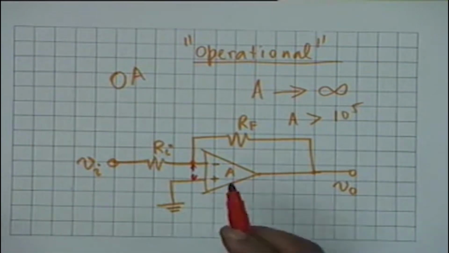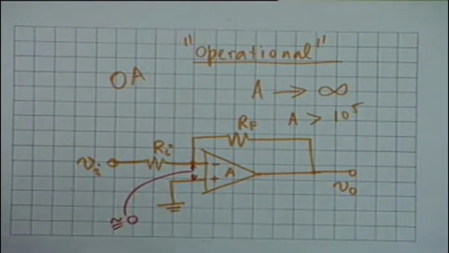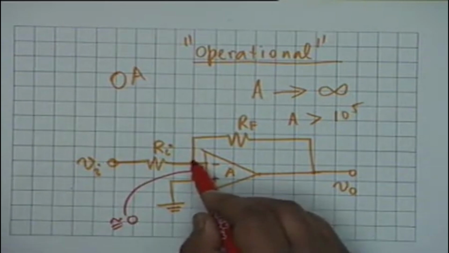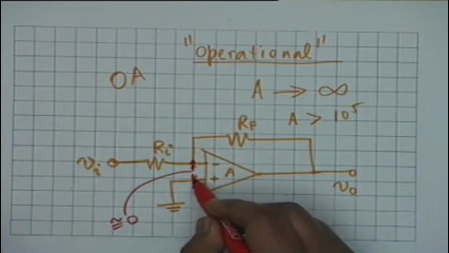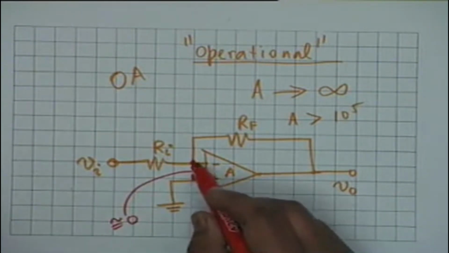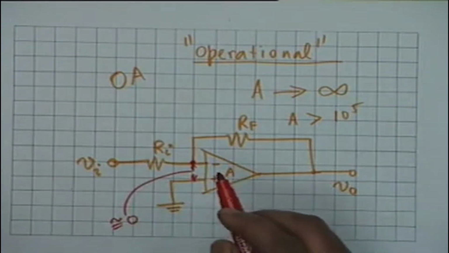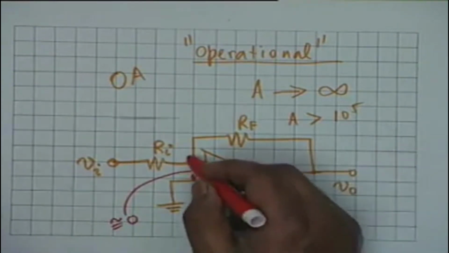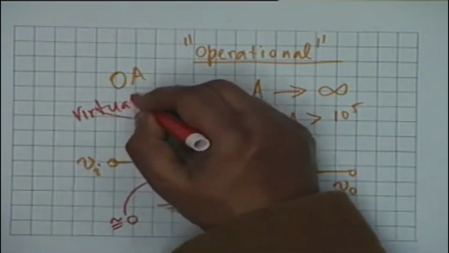That must be very nearly equal to 0, which means that the potential of this point must be approximately the same as the potential of this point, which is 0, and therefore this point, although not connected to ground, behaves like a ground, and is known as a virtual ground.